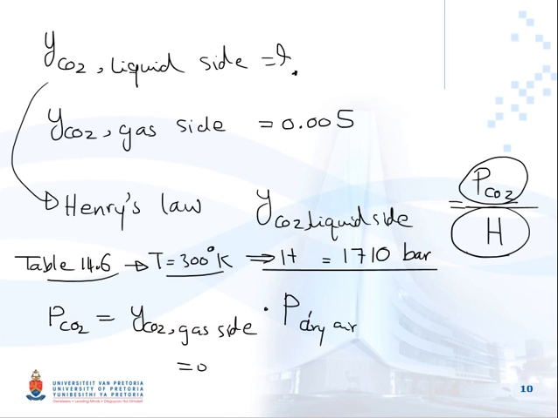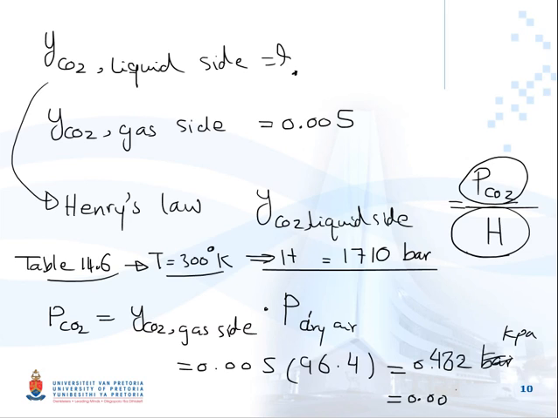So this will be equal to 0.005 multiplied by 96.4, which is 0.482. But because we want to divide, we need to convert it to bar. Sorry, here it is kilopascal. We need to convert it into bar, so it will be 0.00482 bar. This is in kilopascal. Okay.